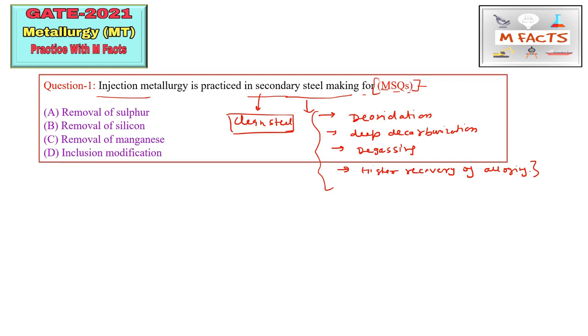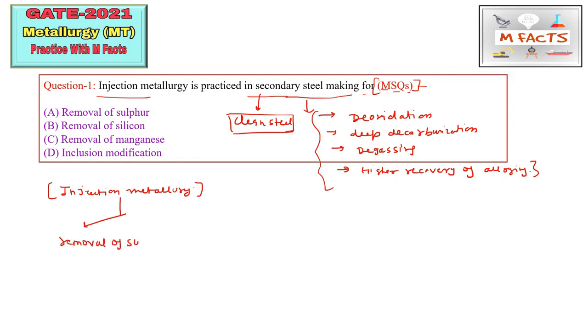So what is the purpose of injection metallurgy, and how and why do we do it in steel making? There are mainly two purposes. One is to remove sulfur, that is, we do injection metallurgy for the desulfurization purpose.